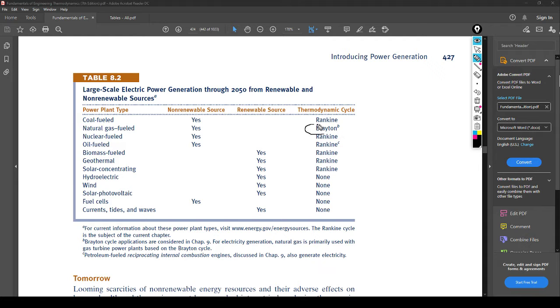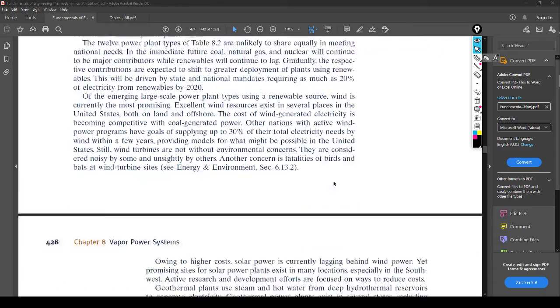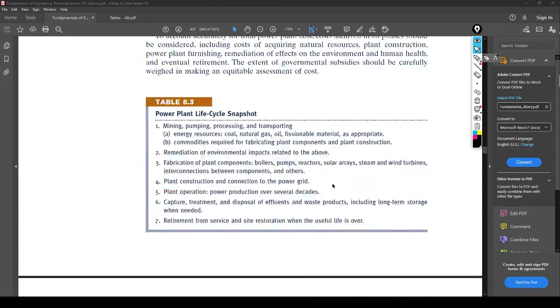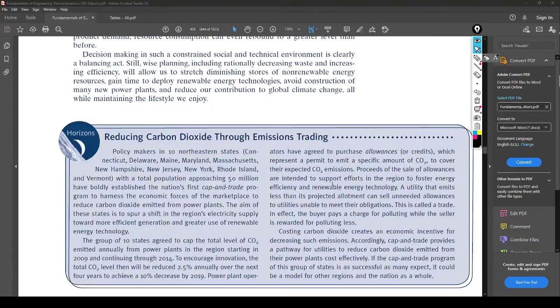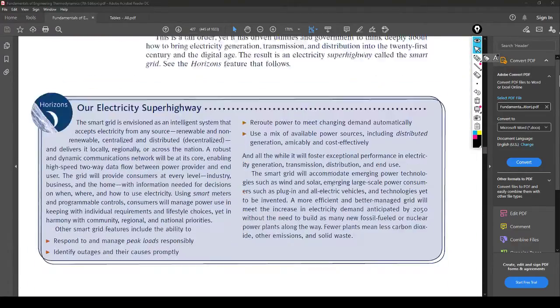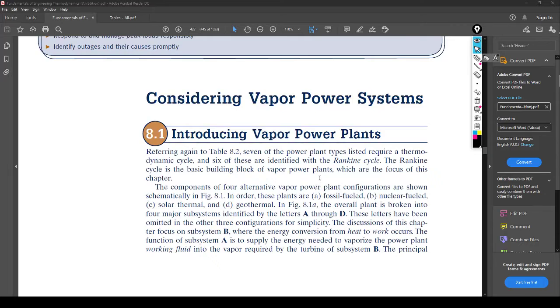And Brayton is the other one, which is the natural gas explosion one. So these are all Rankine based, and this is Brayton based. Like I said, they're all basically the same in how they work, but maybe not in how they operate, like how they get started.